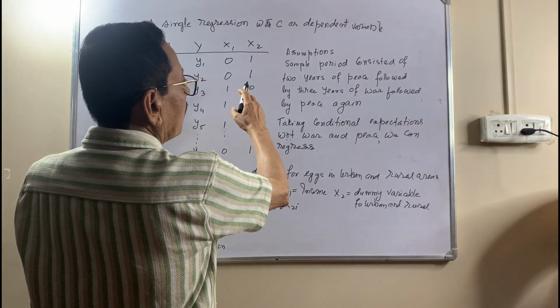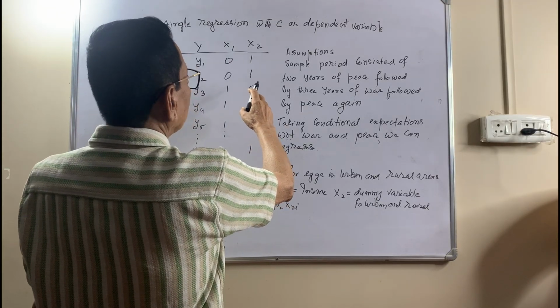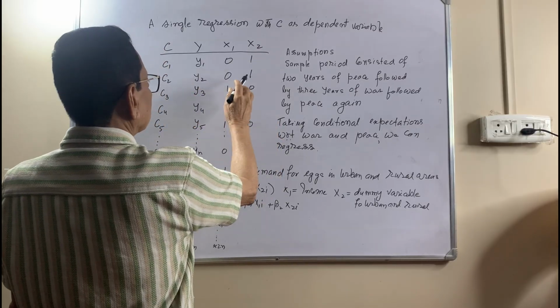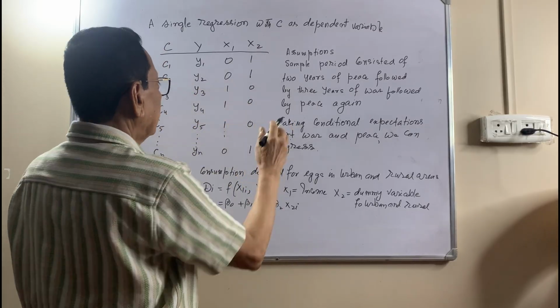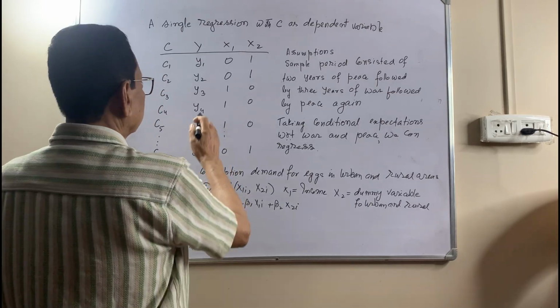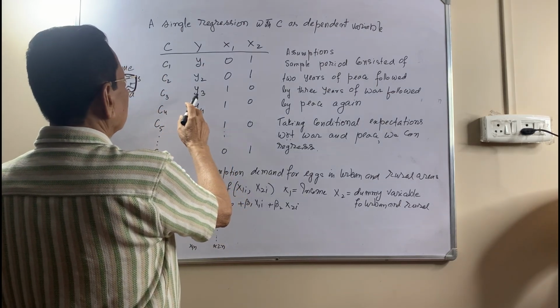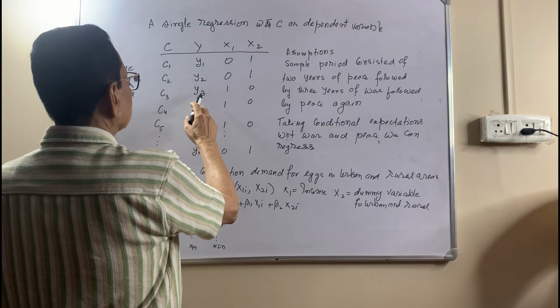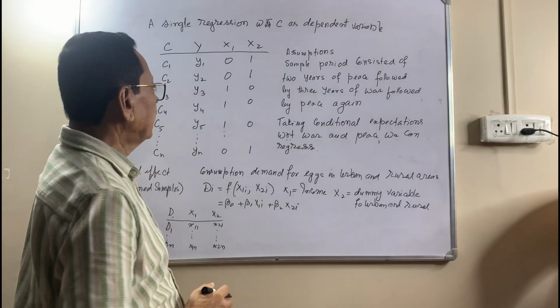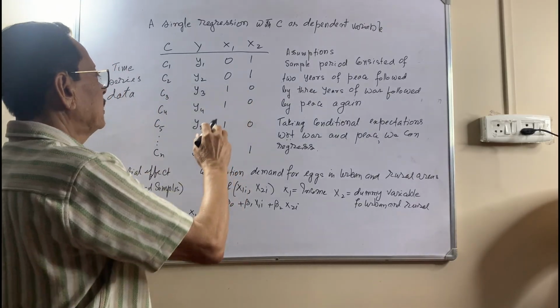So 2 years of peace, X2 is the peace year, so 2 years of peace. Then followed by 3 years of war. So C3, Y3 we will put the data in the third year. We will put 1 in wartime and 0 in peacetime.